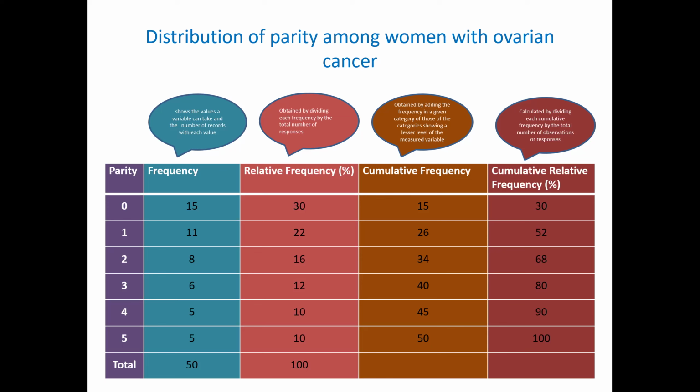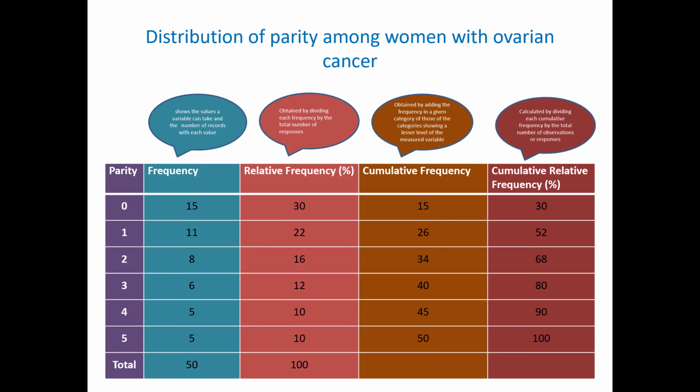So this issue of cumulative, what is the usefulness of it? Why do you want to use it? You use it in a situation when you want to say how many, and what proportion of these women, have at least para 3, or at most para 2.